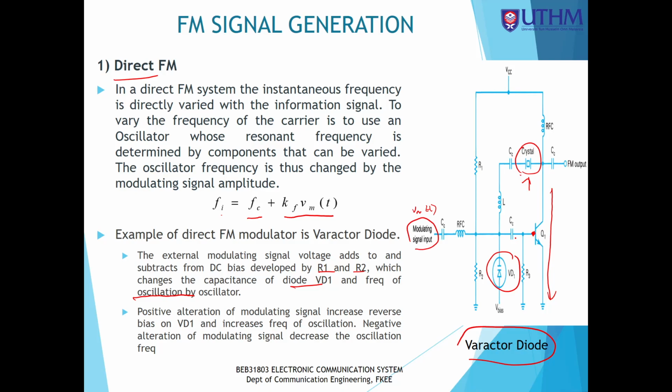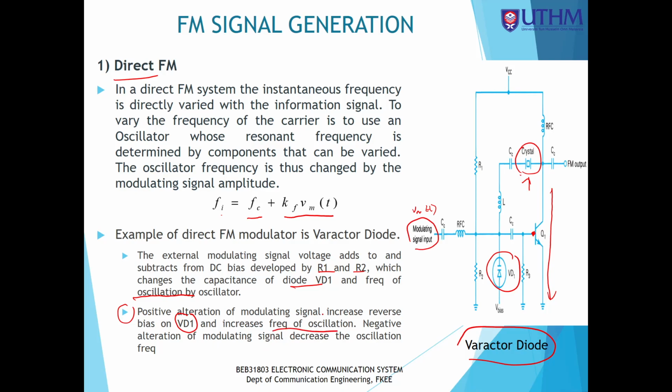Okay, so the voltage changes of VMT change the frequency of the carrier, directly change the frequency of the carrier. So positive alteration of the input modulating signal increase the reverse bias at VD1, okay, and increase the frequency oscillation.